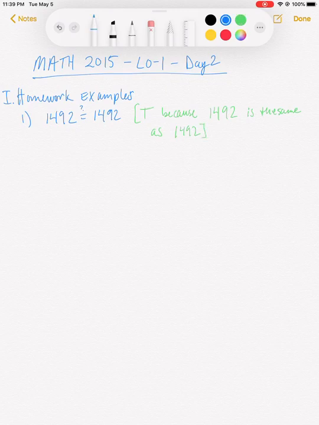Okay, let's do example number 2. Take a look at this equation: 25 plus 13 is equal to 23 plus 11. Okay, we need to weigh the different sides of the equation, look at it relationally, and decide whether those are true.